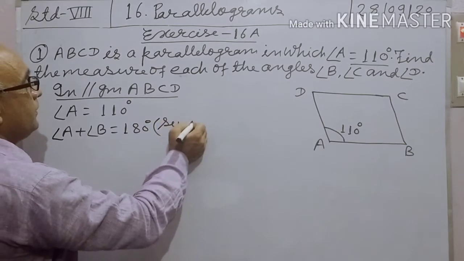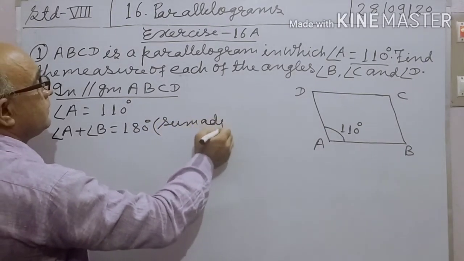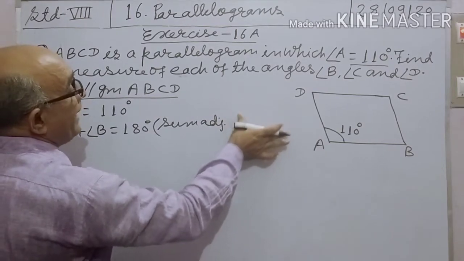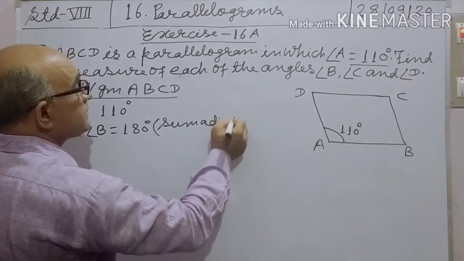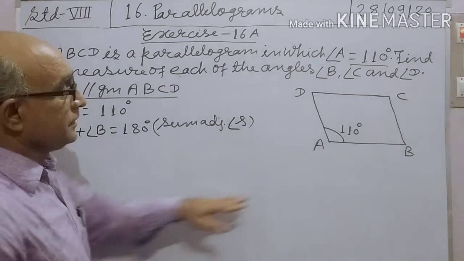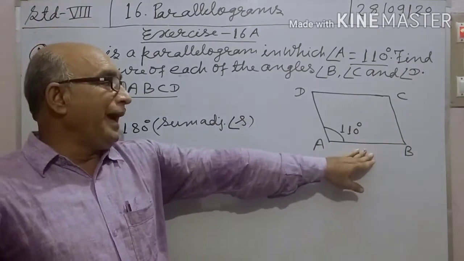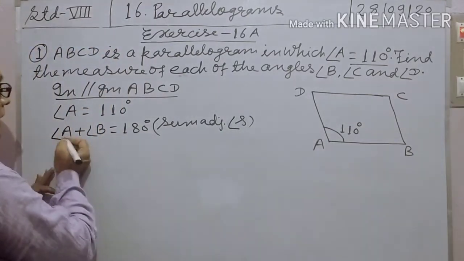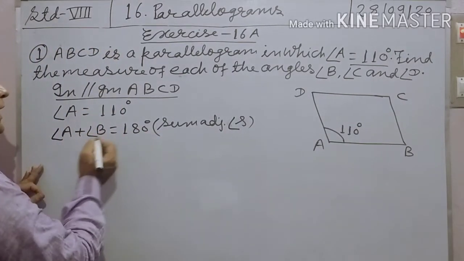We know that the sum of adjacent angles is 180 degrees. So angle A plus angle B equals 180 degrees.